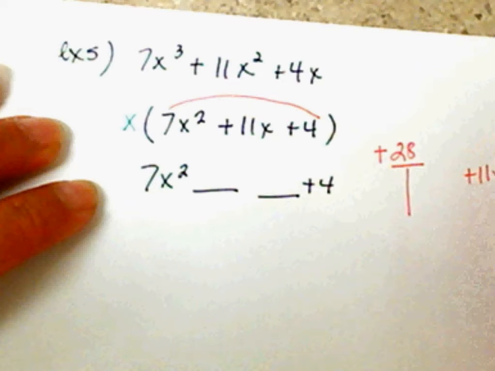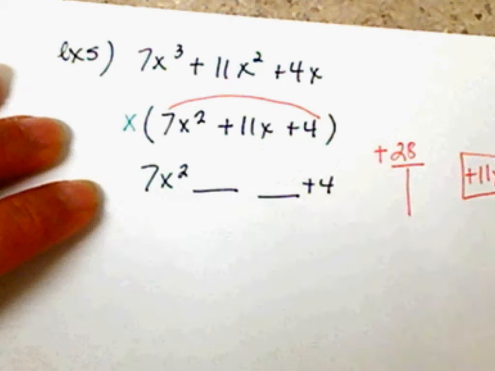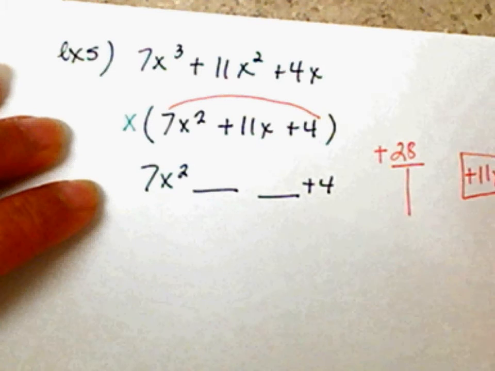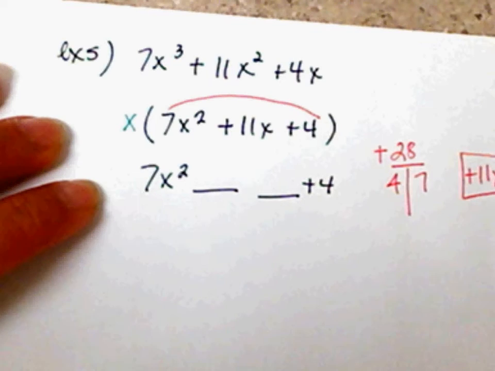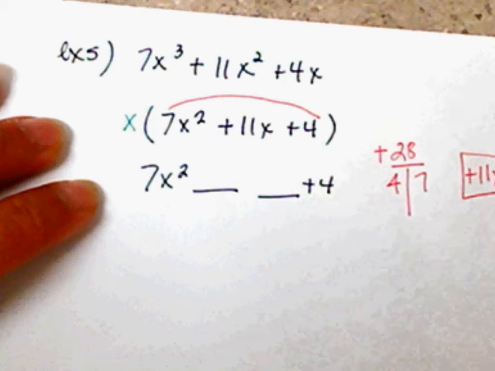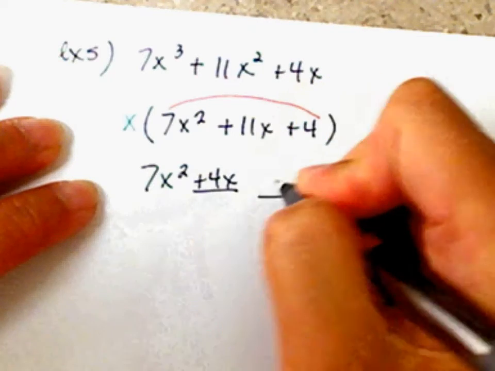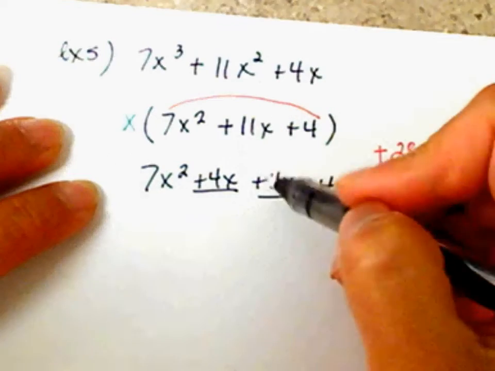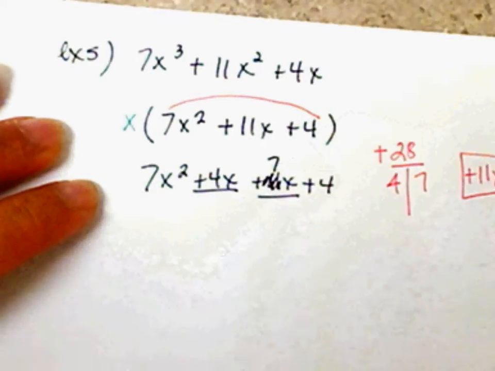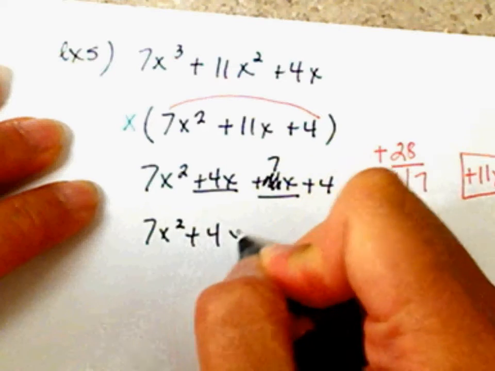Well, start using 1 if you don't know where to start. But if you keep going down, you'll see how 4 and 7 multiply to give you 28 and add to give you 11. So I'm going to replace this with plus 4x plus 7x. Not 11, my apologies. 7x, okay? Let me rewrite that. So 7x squared plus 4x plus 7x plus 4.